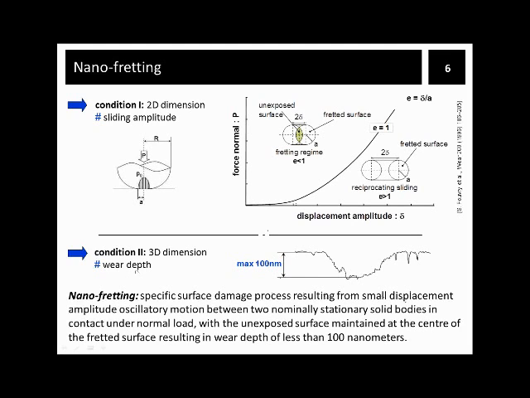So with those two conditions, we can actually arrive at the nano-fretting definition and say that it is a specific surface damage process resulting from a small displacement amplitude oscillatory motion between two nominally stationary solid bodies in contact under a normal load, with the unexposed surface maintained at the center of the fretted surface, resulting in wear depth of less than 100 nanometers.